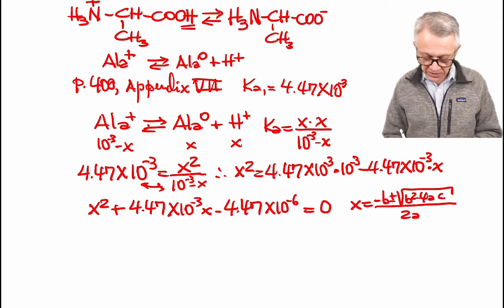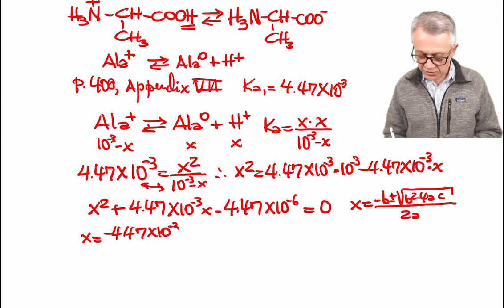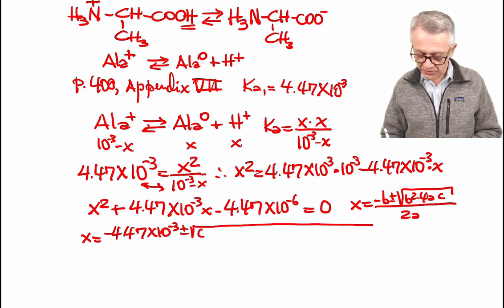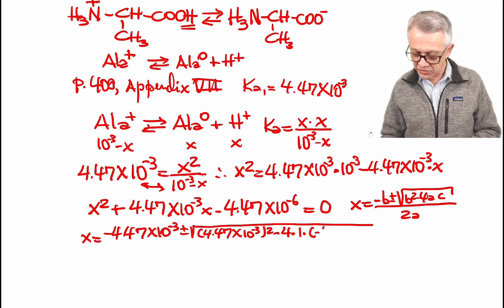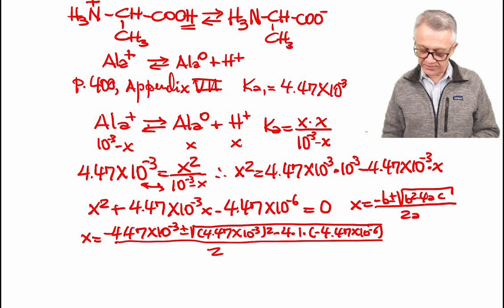So we plug in these numbers and then we get x equals minus 4.47 times 10 to minus 3 plus or minus the square root of 4.47 times 10 to minus 3 squared minus 4 times a, which is 1, and c, which is minus 4.47 times 10 to the negative 6, and all of this divided by 2a, a is 1.